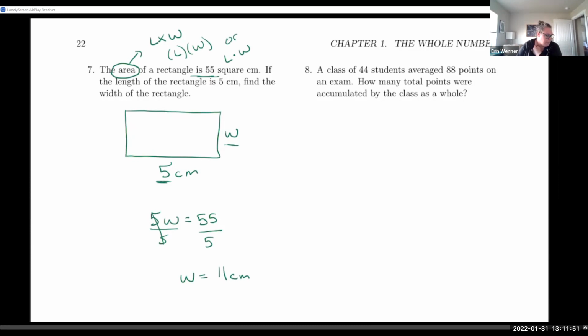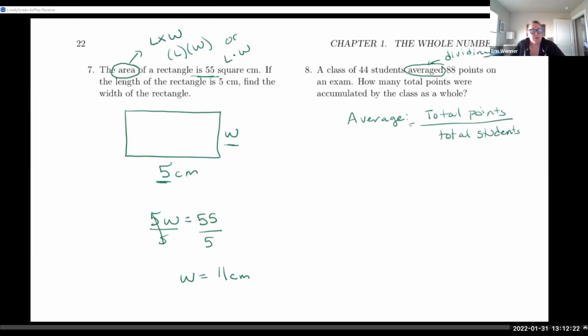And then finally, number 8 says a class of 44 students averaged 88 points. The word average means that we're going to end up dividing. When you find the average, that means the total points divided by the total students, and that's going to equal your average.